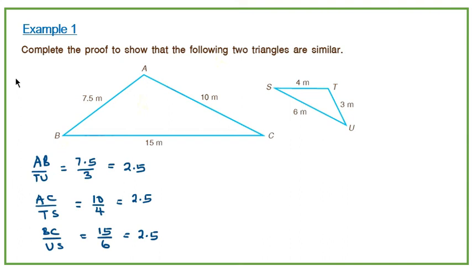Now you can see that all ratios of corresponding sides are equal, then it means that these two triangles are similar.